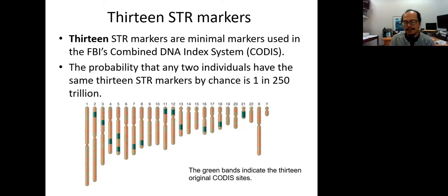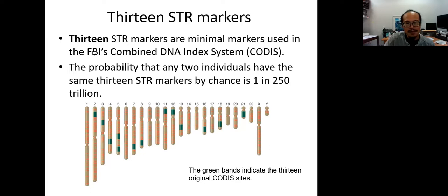We can get the sample, look at their repeat variables, and match it with the sample of that family, right? And so we can identify the body. So that is the 13 short tandem repeat markers used to identify individuals.